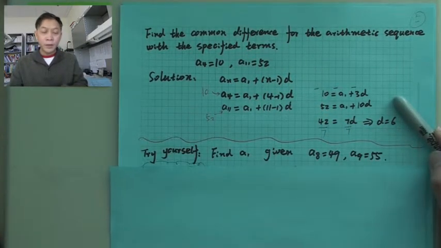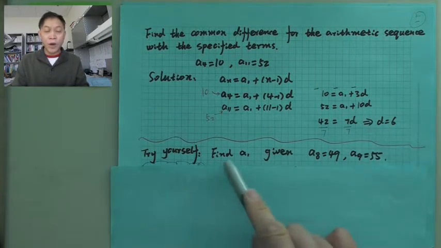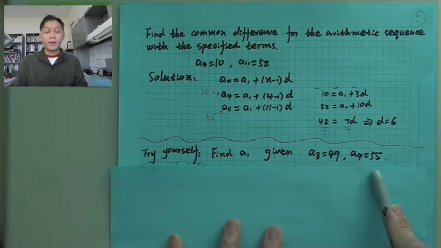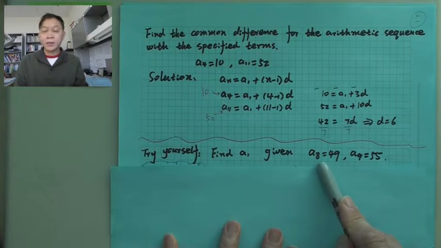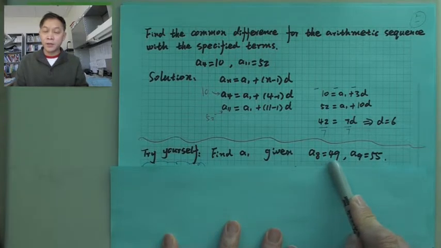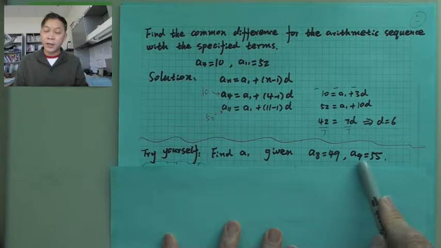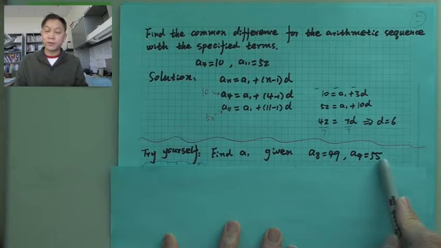Now, this one is for you to try yourself. Find A1 given A8 is 49 and A9 is 55.